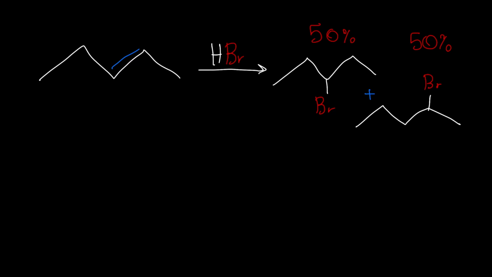So it's not really going to matter where you put the bromine. However, if we have a reaction with this and we have the bromine in there, one of these outcomes is going to be favored, and that's what Markovnikov's rule is about.